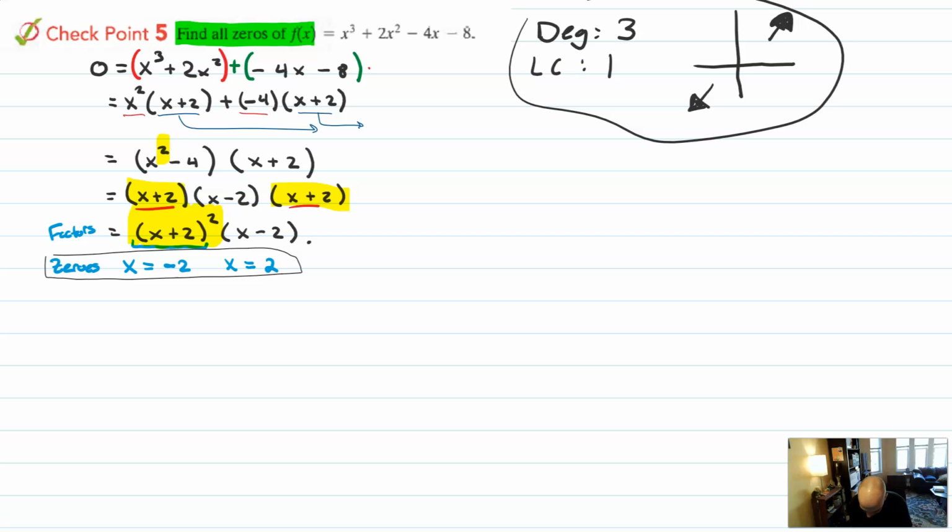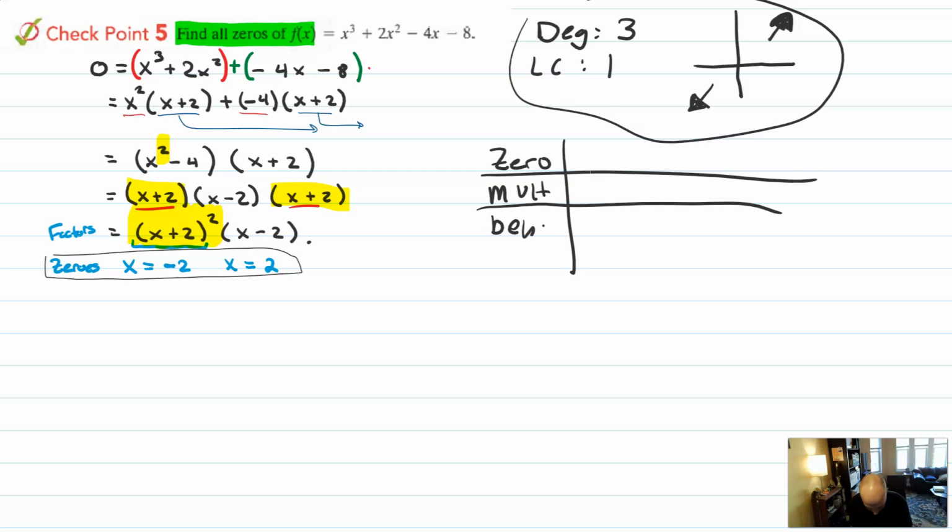So my zeros: I had a zero of -2 and a zero of +2. The factor of x plus 2 had an exponent of 2, so that's going to be repeated twice. That has a multiplicity of 2.